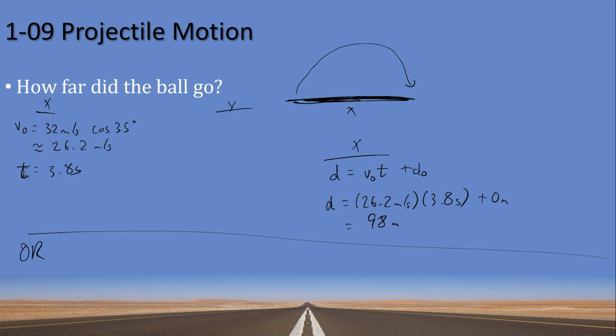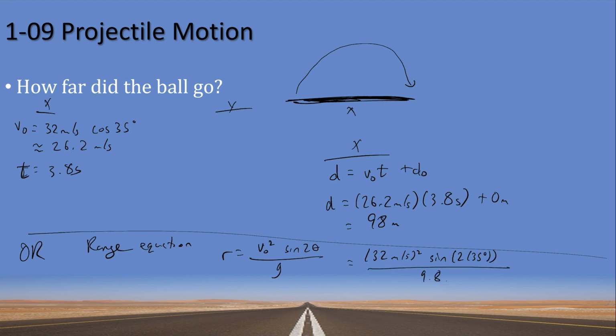Or, since it starts and stops at the same height, you could use the range equation. So r equals v0 squared sine 2 theta over g. So the initial velocity was 32. Remember, these are magnitudes. These are not components. These are not vectors. So it's 32 meters per second at the angle of 35 degrees. So I'll put the 35 in for theta.